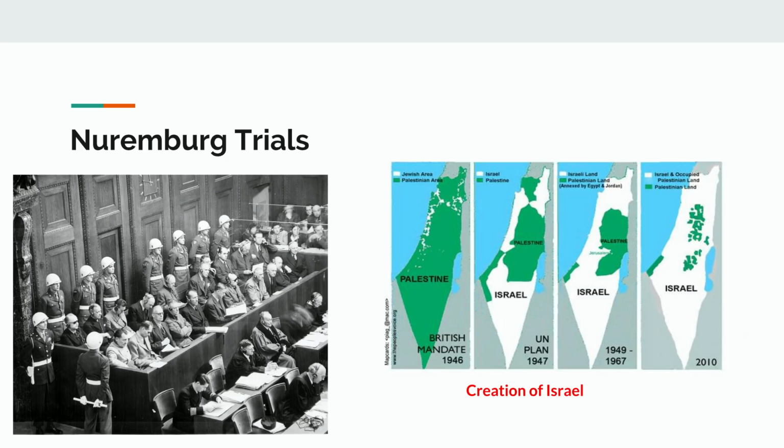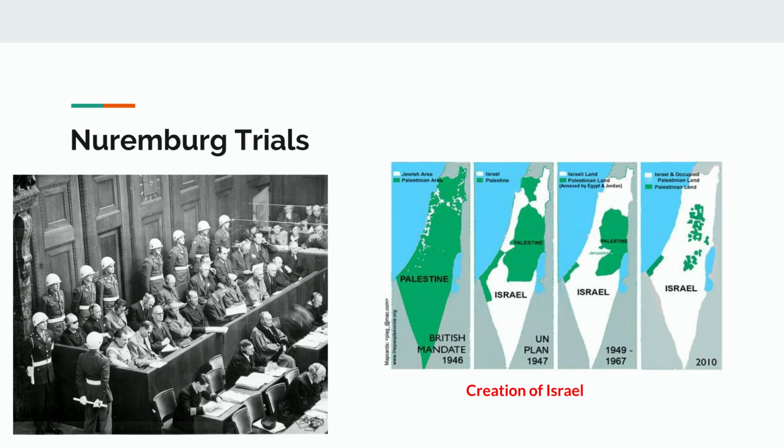Remember, the United Nations had been formed, and the U.S. was part of it, as well as a lot of the Allied powers. But anyway, these countries were going to decide that the Jews needed a home of their own, and Israel would become that home. But they would have to carve this new Israel out of another country, and that country was going to be Palestine.